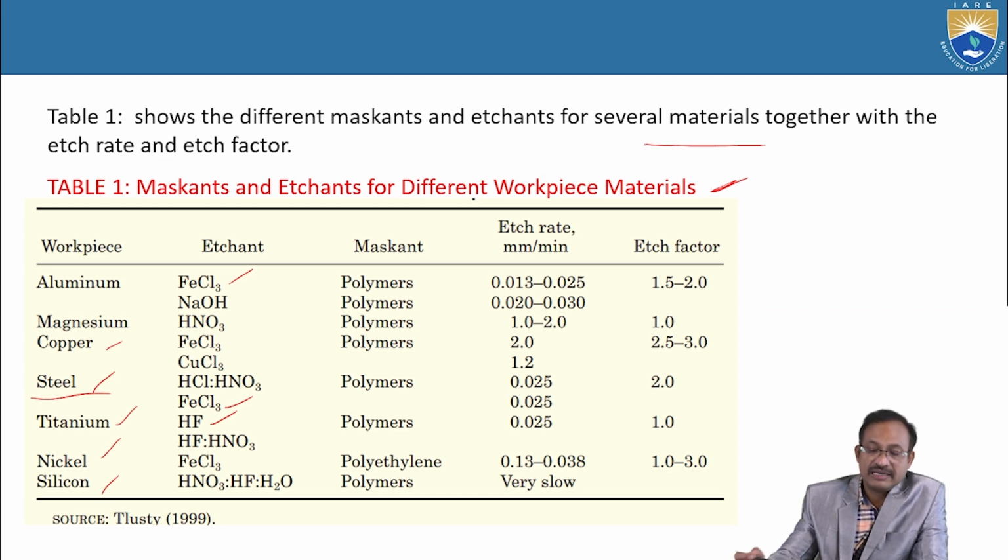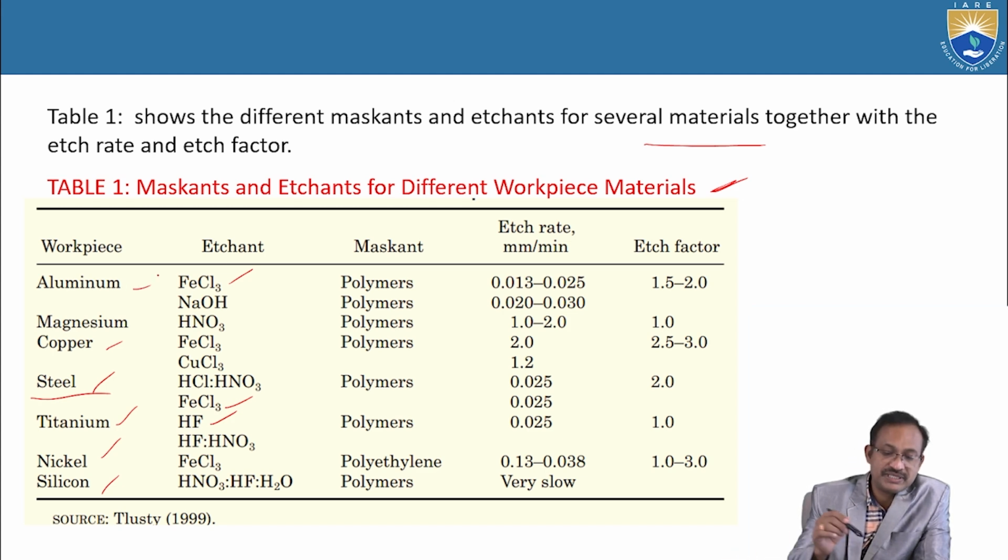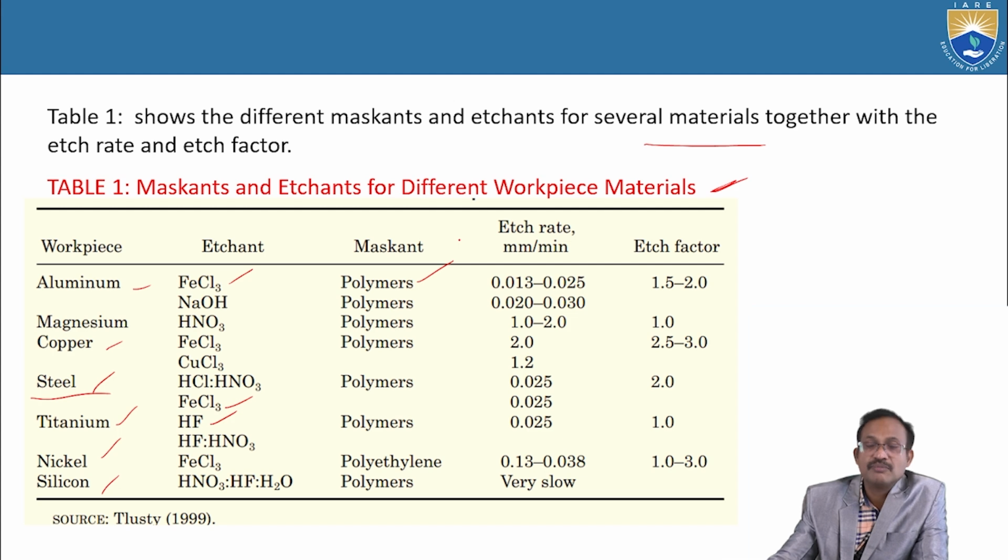Now let us look at the maskant. What are the materials associated with the maskant? When the workpiece is aluminium, the maskant is polymers. For magnesium, it is polymers. When the etchant is NaOH, or HNO3, or FeCl3, we have to use polymers. For steel, when it is HCl, HNO3, we go with polymers.